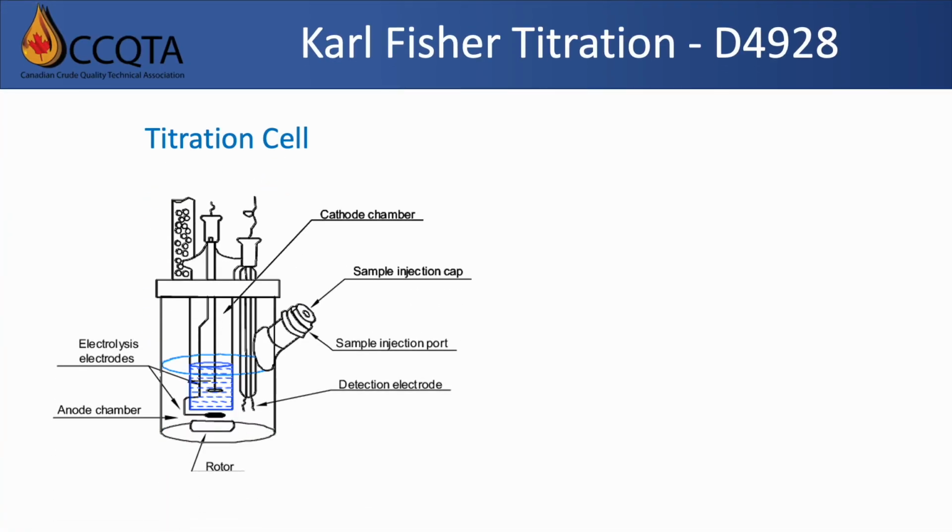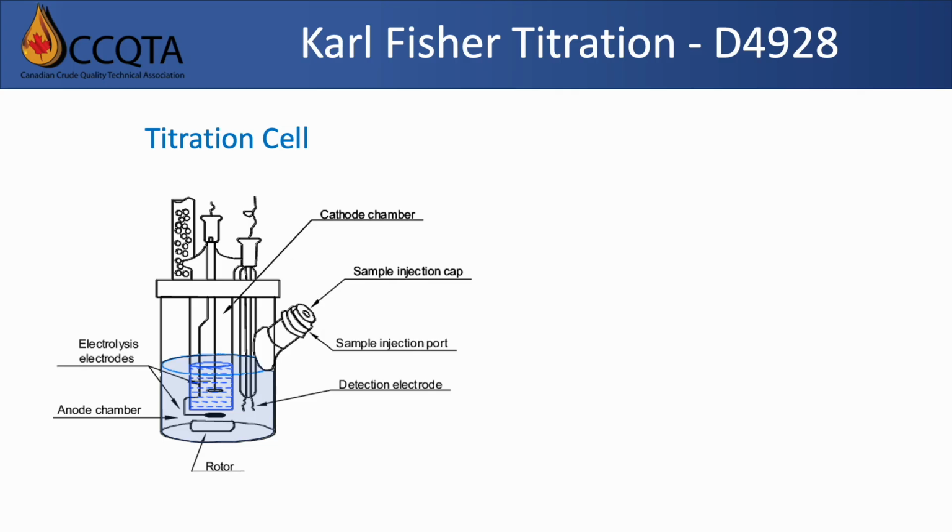The titration cell is the same for all 3 procedures. Water from the sample dissolves in the analyte solution, in this case Hydranal, containing lithium iodide, sulfur dioxide, methanol, and a base like imidazole. This triggers the electrochemical generation of iodine at the anode by oxidation of iodide ions. The iodine reacts stoichiometrically with the water in the presence of sulfur dioxide and the base, completing the Karl Fischer reaction.